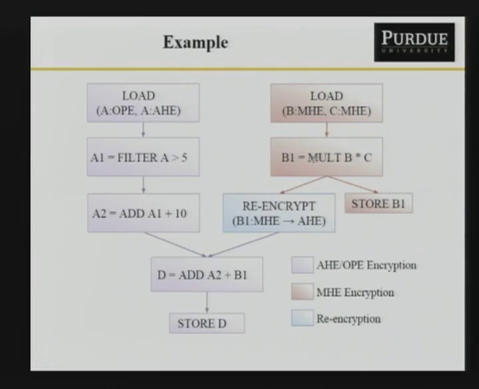But B1 is encrypted under MHE, since it is the result of a multiplication, which means when you want to perform this addition here, you cannot proceed unless you first re-encrypt, which is what we do here. We have a step to re-encrypt our data, B1 specifically, from an MHE scheme to an AHE. And once we do that, we're able to proceed with performing the addition and then storing our result.